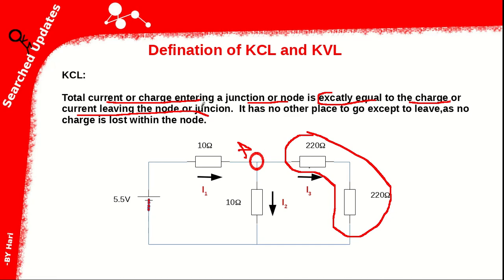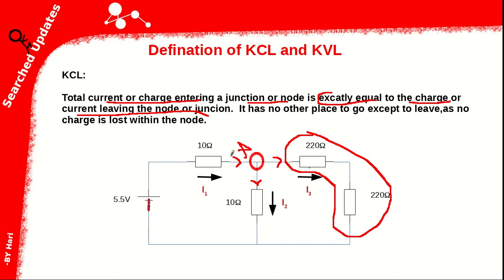Now match this circuit with this law. Consider this node. This I1 is entering the node. This I2 is leaving the node. This I3 is also leaving the node. Now we can write the equation from this diagram.